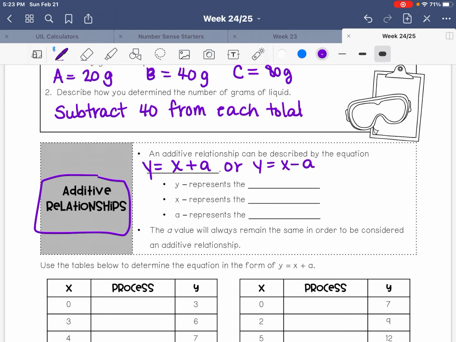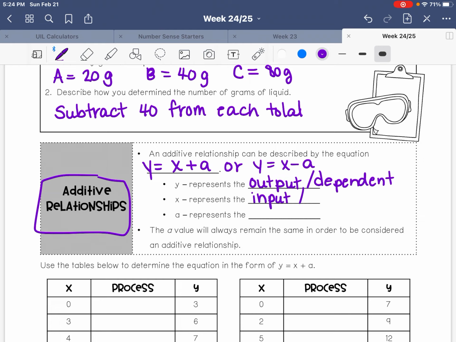And y represents, as it always has, the output. And we also now know that that's called the dependent variable. It depends on what's x. Okay, and then x, of course, represents the input.